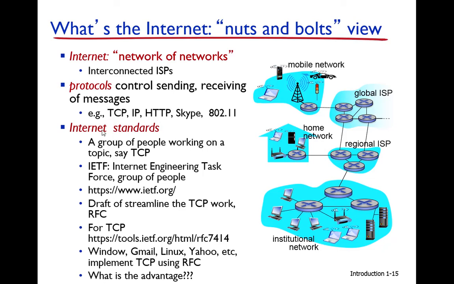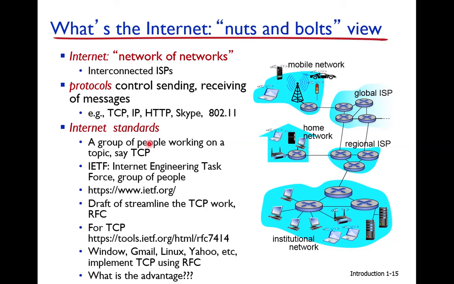I would like to explain it through an example. TCP is a protocol which is used for connection oriented communication. We will discuss that. Let's assume that TCP is a protocol. Throughout the world, different people are researching and designing new functionalities in the TCP protocol.